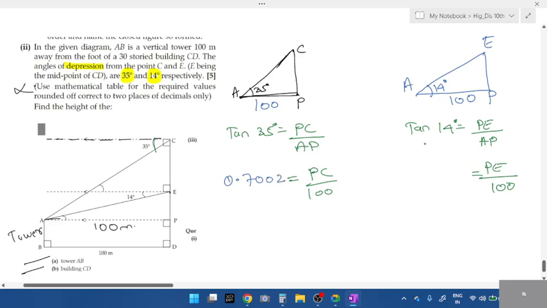Okay. Tan 14, 0.2493. Right. What is PC? 100 times 0.7002 is 70.02. And PE is 24.93. PE is 24.93.